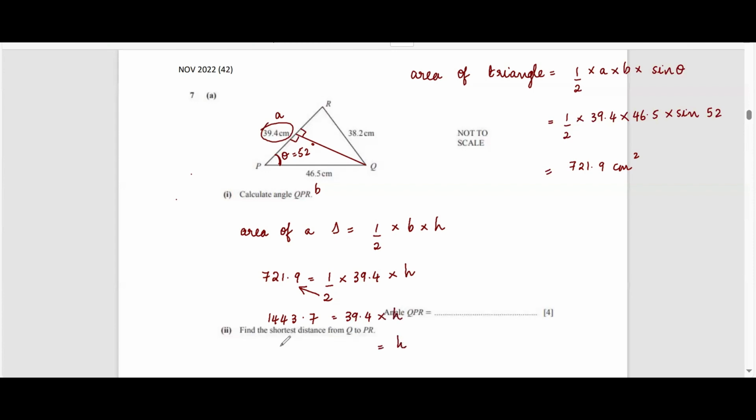So h will be 1443.7 divided by 39.4. When you divide this by 39.4, you'll get 36.64. So the perpendicular height h will be equal to 36.6. I'll take it as 36.6 centimeter.